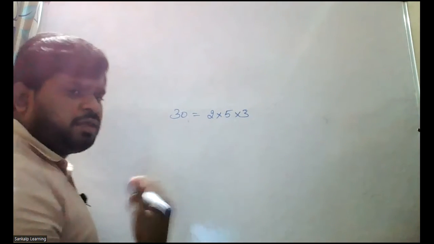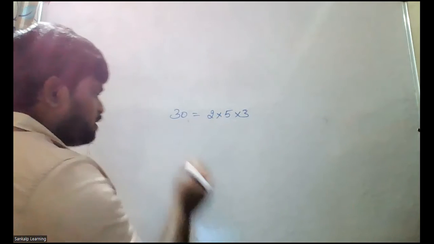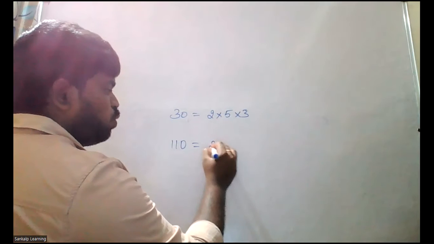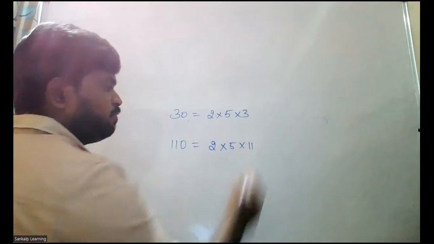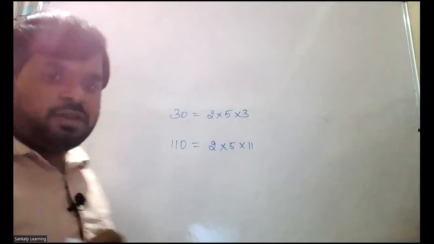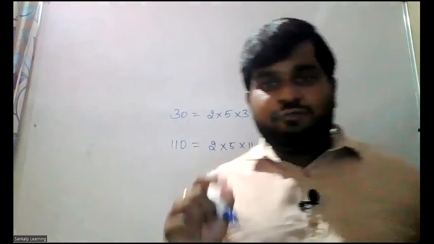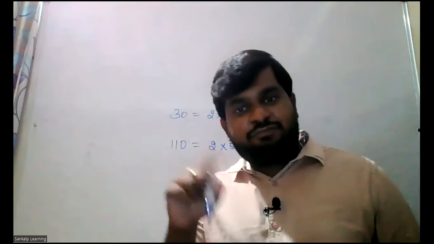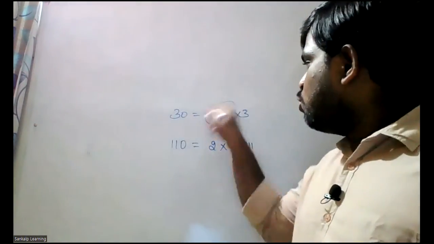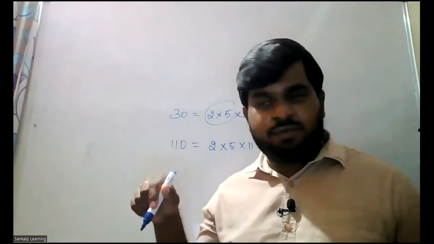You take any number that is ending with 0. For example, let's take 110. This actually can be written as 2 into 5 into 11. So you can observe this pattern. Any number that is ending with 0 will definitely have 2 and 5 in its prime factorization. This is ending with 0, so 2 and 5 is there in its prime factorization.